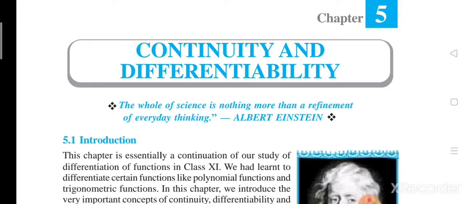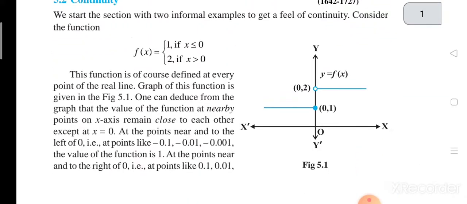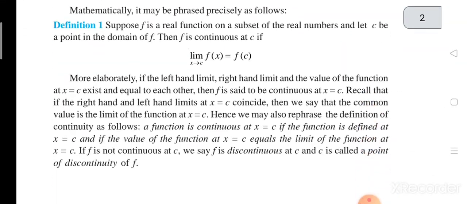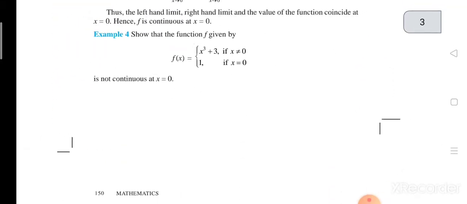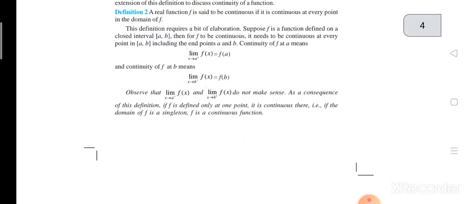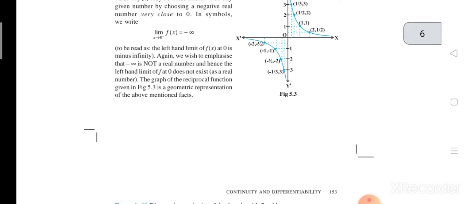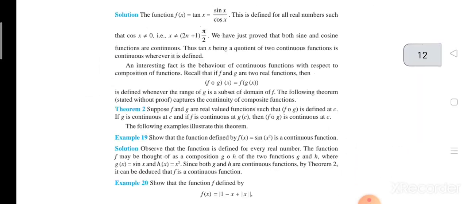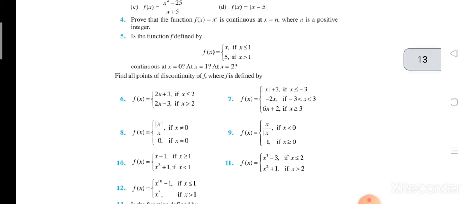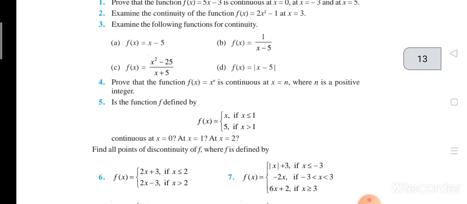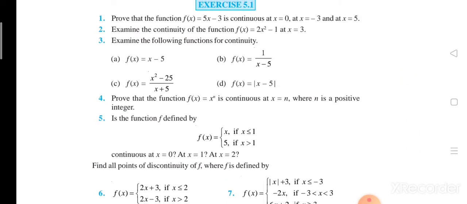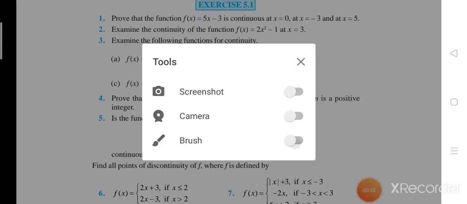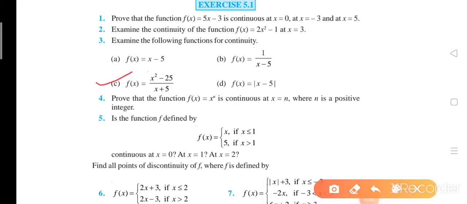So here for continuity and differentiability from exercise 5.1, that is very important exercise. इसमें से आपको जो क्वेश्चंस बहुत अच्छे से करने हैं, these are from 5.1, question number 2, then third question, we can take C and D part.